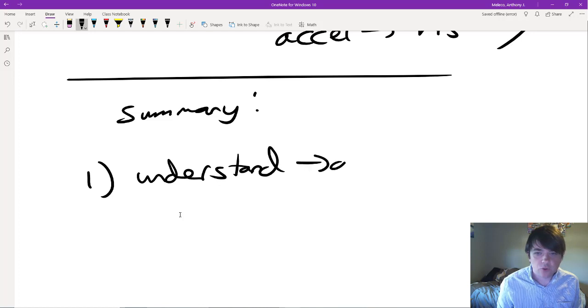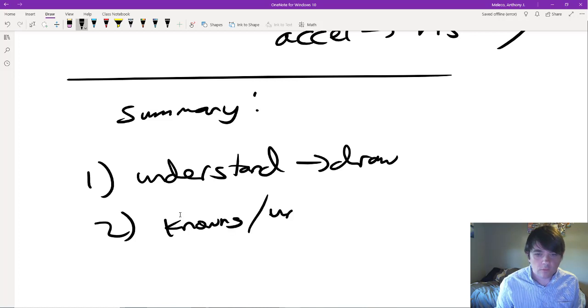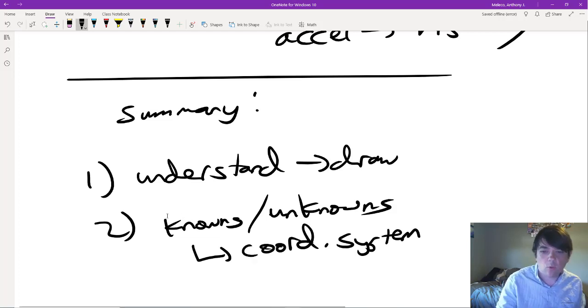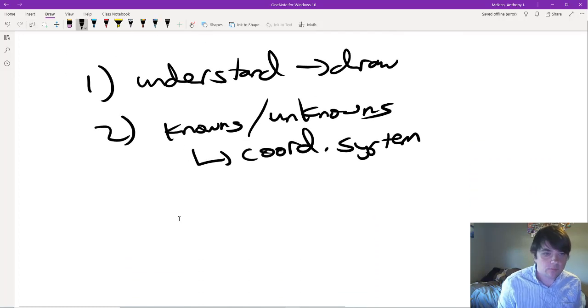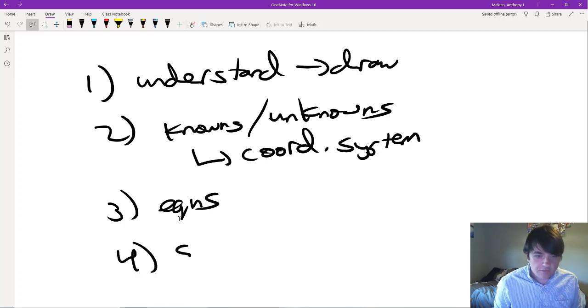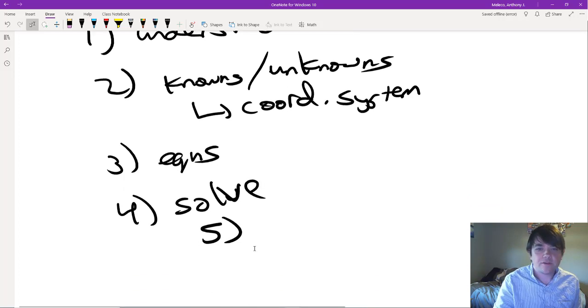And again, that comes with drawing it a lot of the time. 2, knowns and unknowns, and you would make your coordinate system here. If you don't make one, it's implied you're using the typical Cartesian system. Then you use equations. Number 4 is solve. And number 5 is you check.